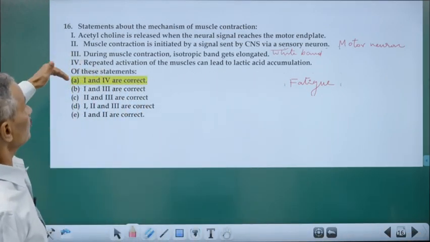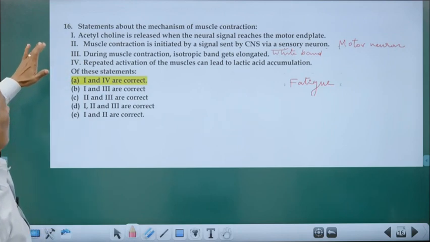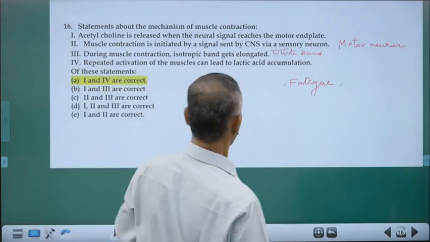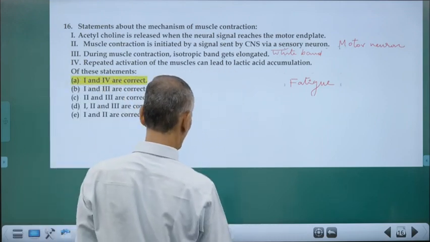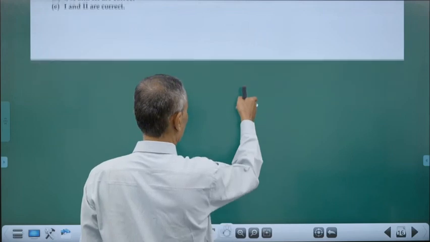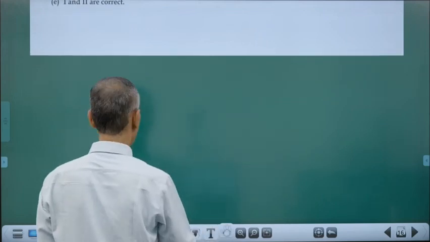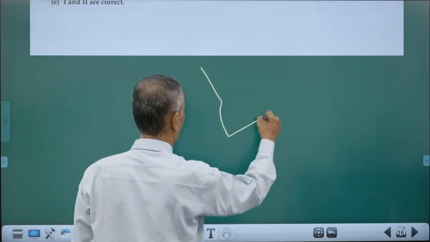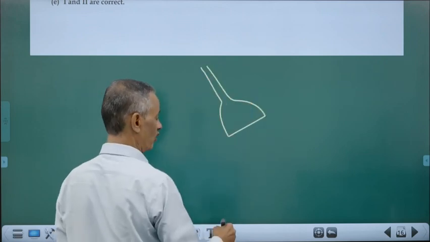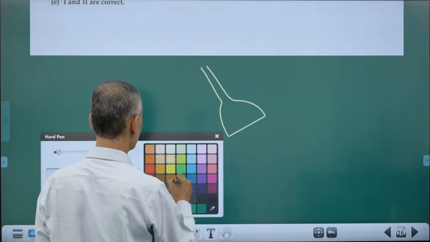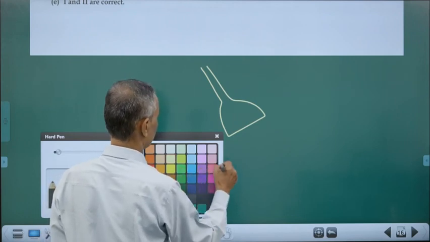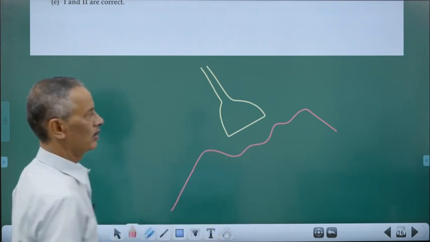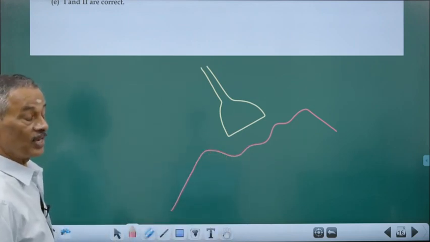Statement about the mechanism of muscle contraction. Acetylcholine is released when the neural signal reaches a motor end plate. What is a motor end plate? For a muscle contraction, we need a motor nerve that will be bringing the signals and a muscle fiber.